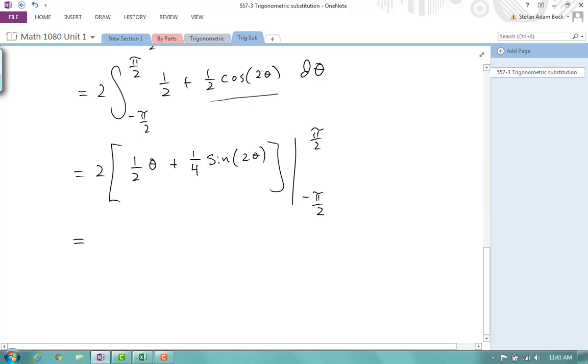Which looks awesome, right? So let's see, I'll have theta plus 1/2 sine of 2 theta from negative pi over 2 to pi over 2.